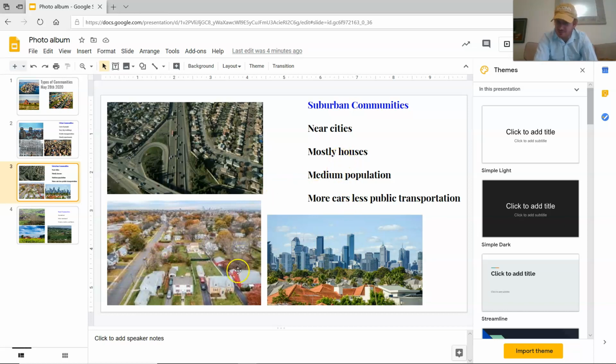And there are more cars, so a lot of suburban communities will be next to a highway, because a highway is where you go when you have a car to get from one place to another. So that's a suburban community. They're near cities, they're mostly houses, they have a medium population, and most people have cars because there's not that much public transportation.